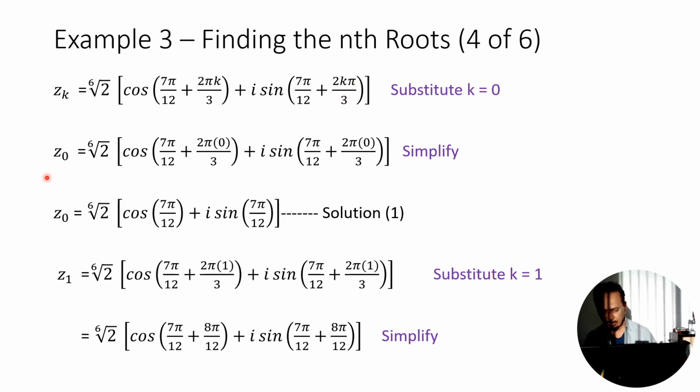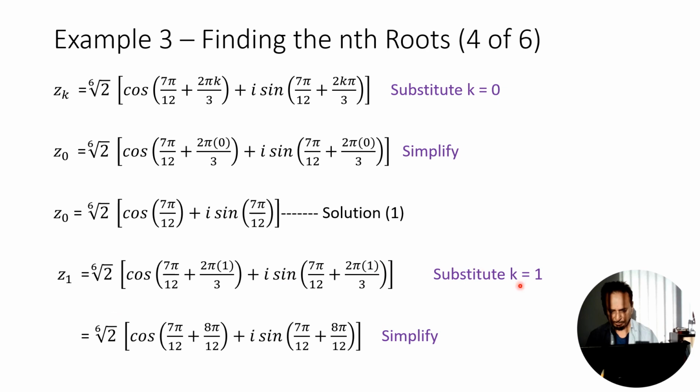So this becomes z sub 0 equals sixth root of 2 cosine of 7 pi over 12 plus 2 pi times 0 over 3, plus i times sine of 7 pi over 12 plus 2 pi times 0 over 3. So we simplify, and you have z sub 0 equals sixth root of 2 times cosine 7 pi over 12 plus i sine 7 pi over 12. So that's solution number 1.